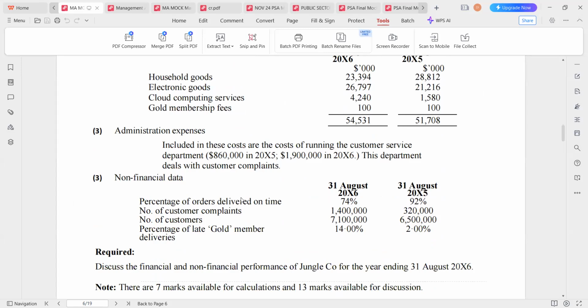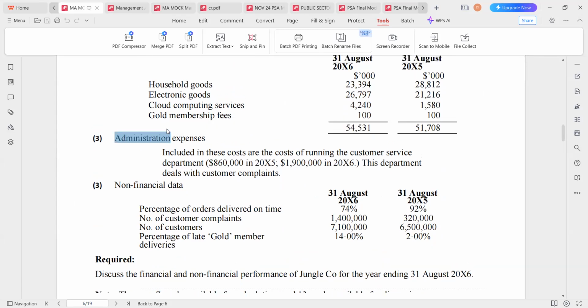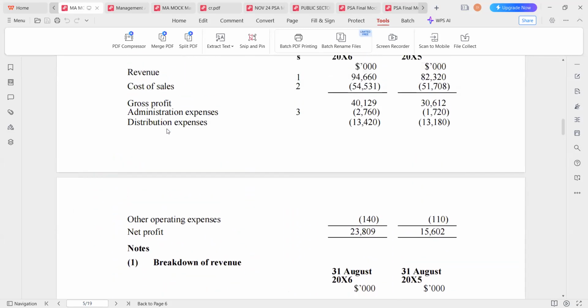Included in this cost is the cost of running a customer service department. But you see the admin figure here, it has already been captured. So basically that admin figure is this admin figure.